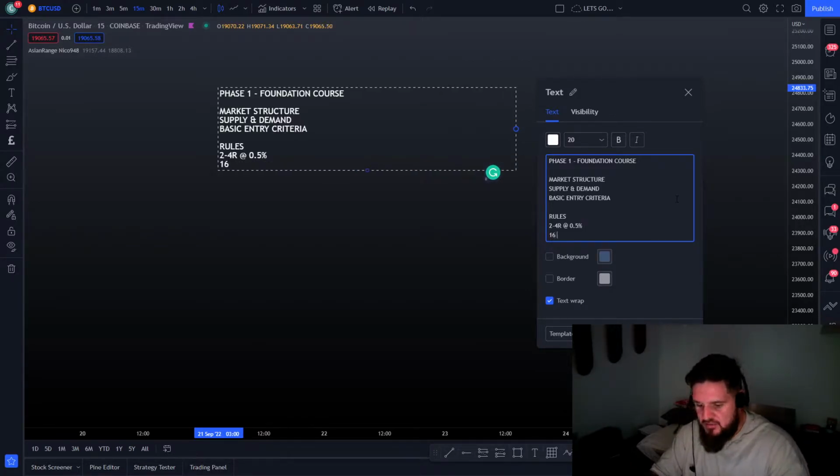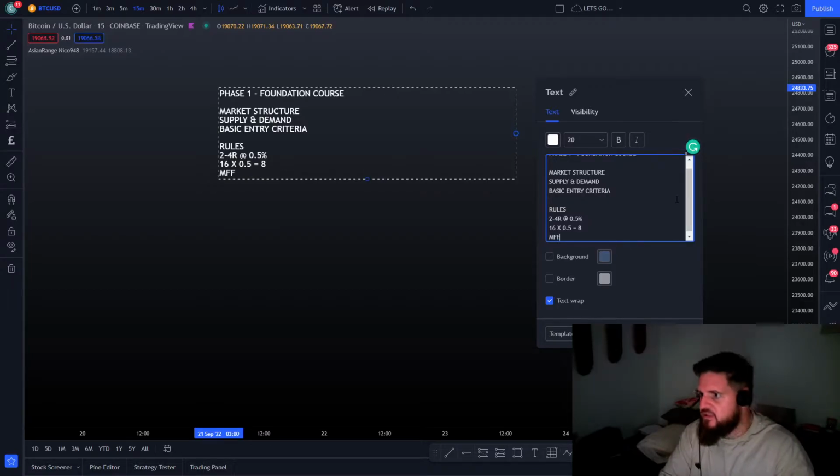Okay, 16 times 0.5 equals 8. And my Forex Funds, they need 8% to pass. So you don't need a huge amount of trades in order to pass any of these prop firm challenges.